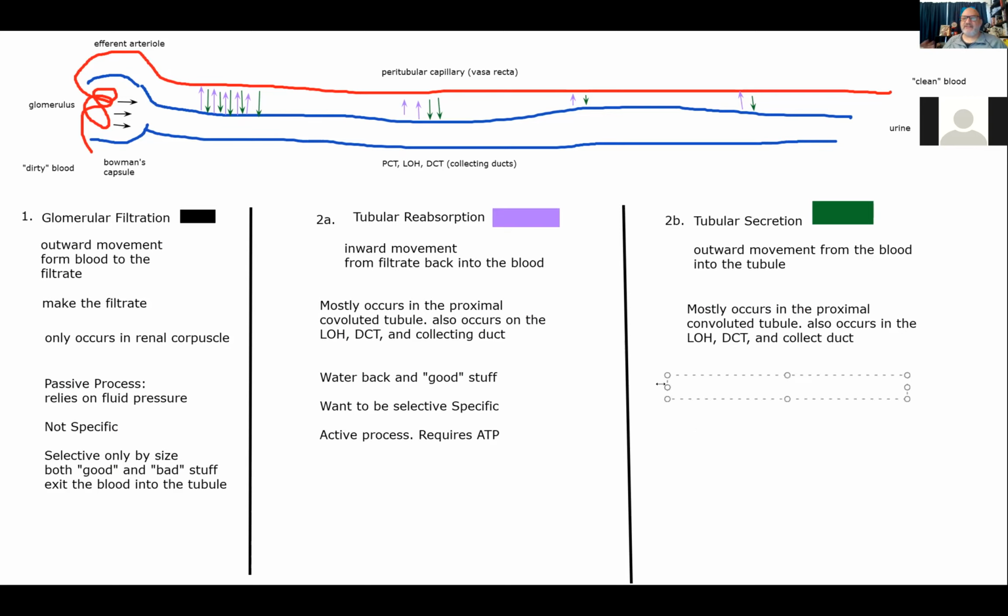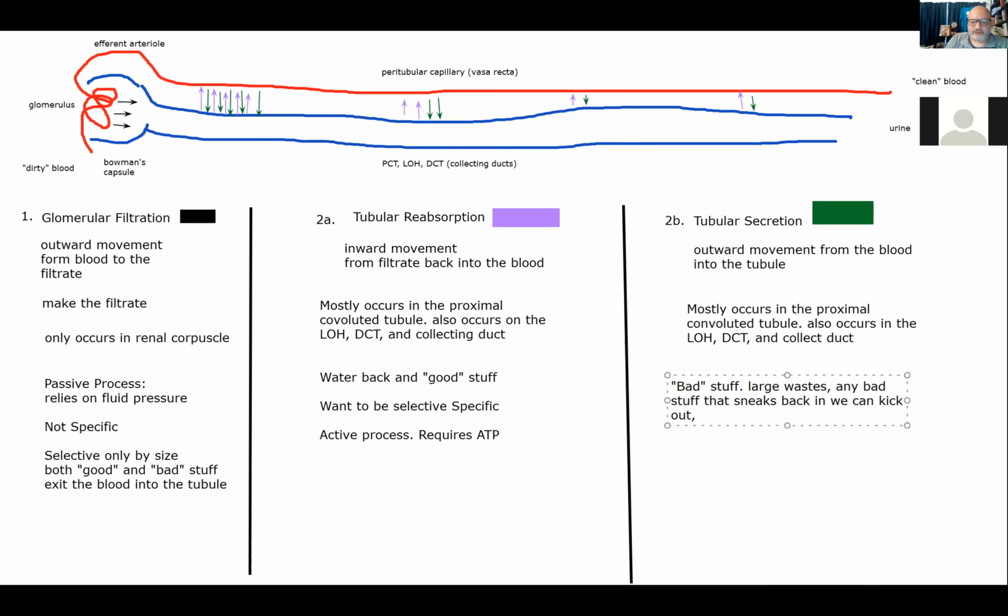Of course, in this case, we are moving things out of the blood. And those things that we're going to move out of the blood are bad stuff. This can be a combination of large wastes that weren't able to fit out in the glomerulus. During reabsorption, there are some quote unquote bad things that sneak back in, which we can kick out.